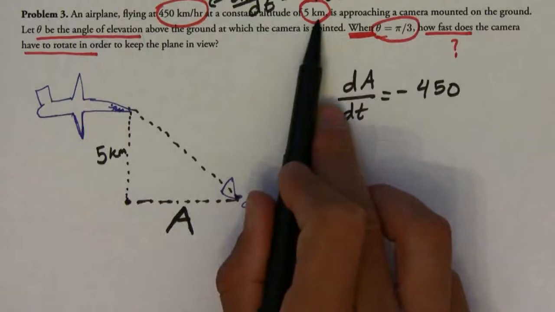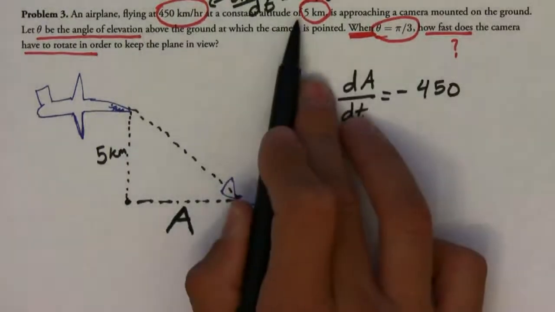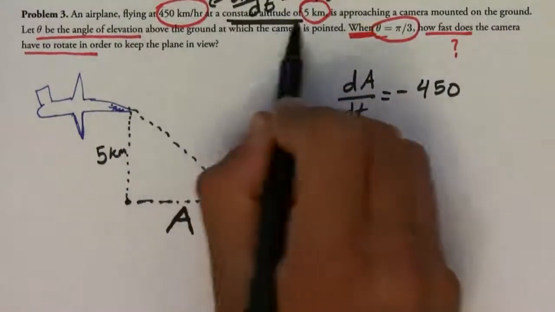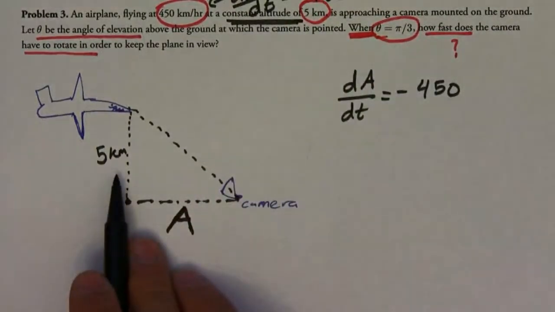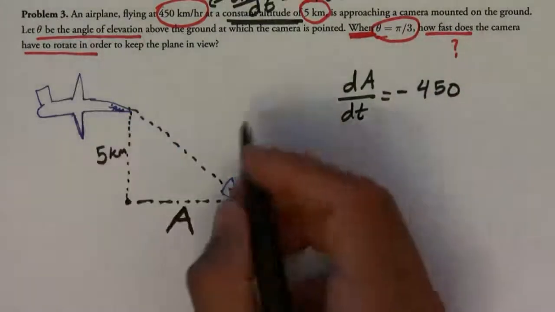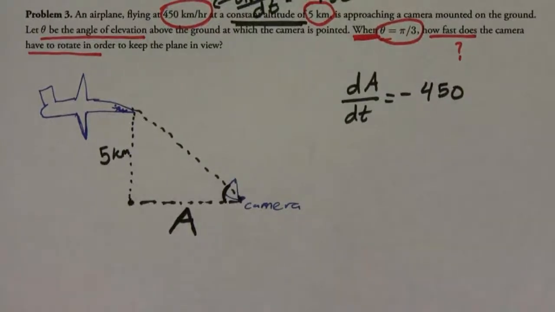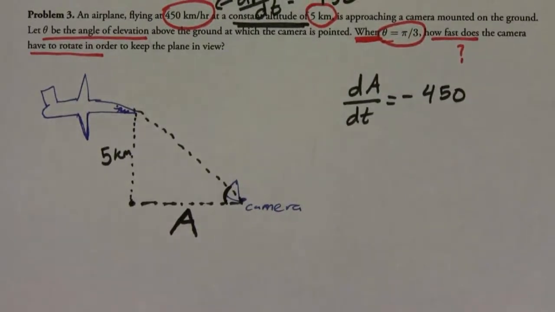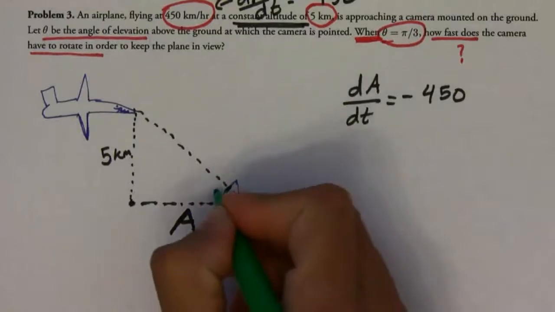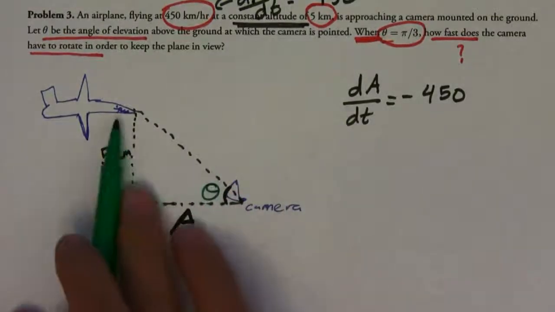Alright, so we already labeled this. The altitude is 5 kilometers. Here I have it on my picture, and that's constant. This is important, that this is constant, so we can put it in right away. Okay, now let's let theta be the angle of elevation, so that means right here we have an angle, theta. Let's put it green. Theta is the angle of elevation, and notice that this is not a constant, this one's variable.